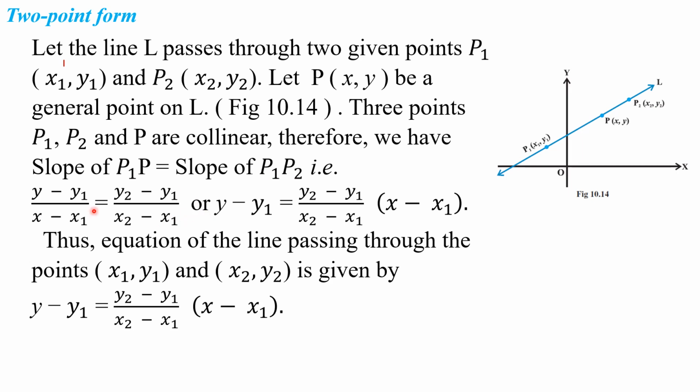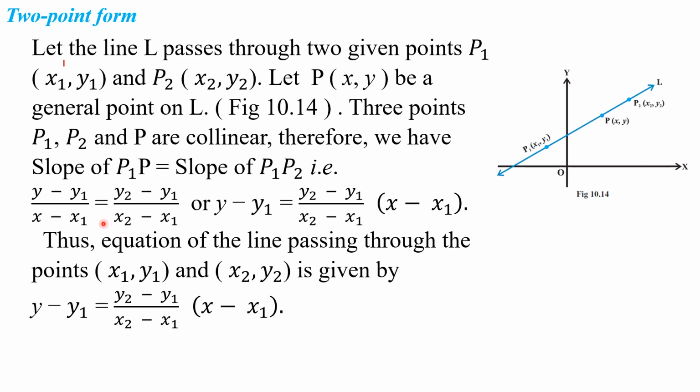Or from this equation we can write y minus y1 is equal to, we are transposing this denominator to LHS, then we get y minus y1 is equal to y2 minus y1 by x2 minus x1 into x minus x1. Understood this statement, children? From this equation we are deriving this equation.